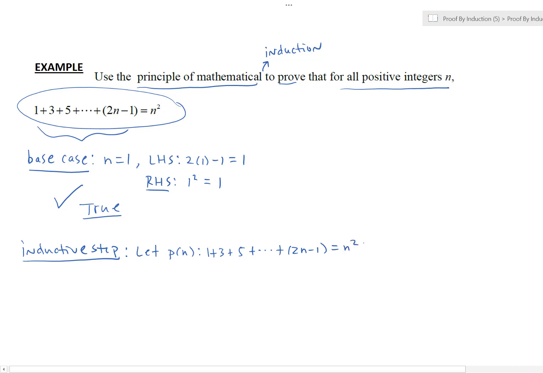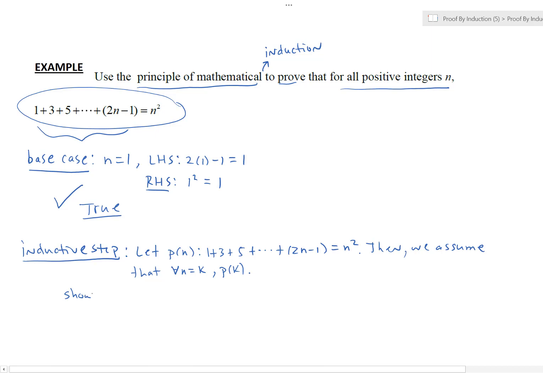Let's let that be that equation there, so the truth value of that. Then we assume that for all n equal to k, p of k is true. That's our assumption in the inductive step.